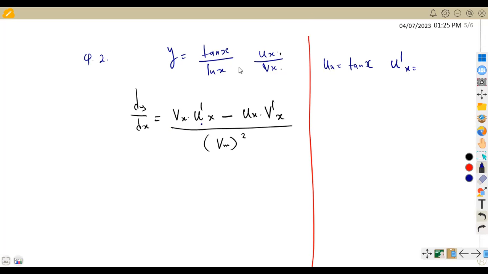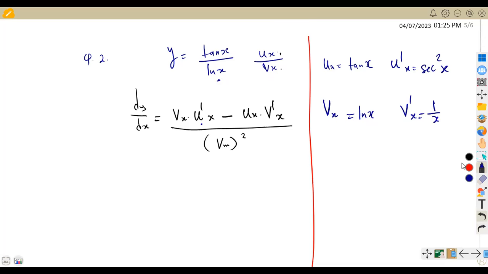So the derivative of tan, remember tan, guys, that's sec squared. So this is sec squared x. We do the same thing for v(x). Our v(x) is the denominator, which is ln x. And the derivative of ln x is 1 over x, okay? This one, you must know it, guys, or even you're given in your formula sheet, that's 1 over x.